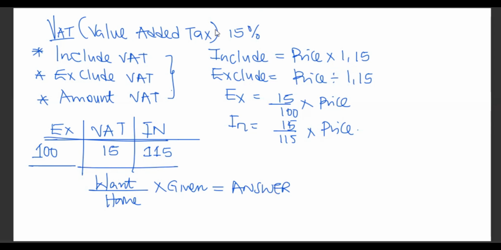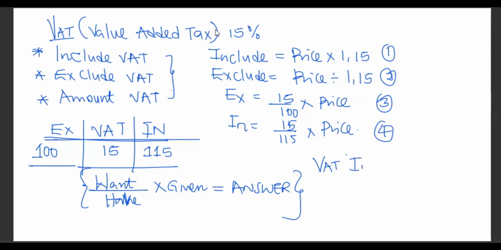This formula here combines all these formulas here, 1, 2, 3, and 4. All right, VAT inclusive prices simply means the price already has VAT.